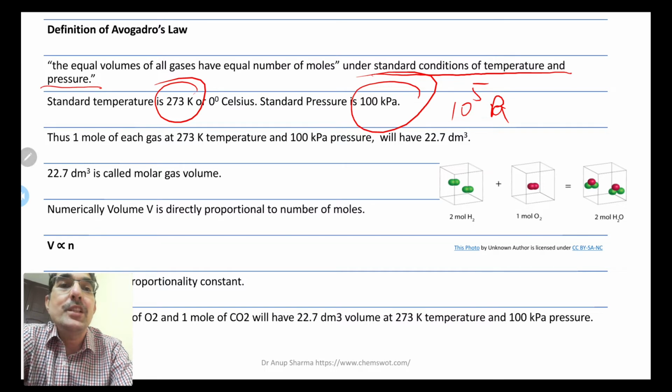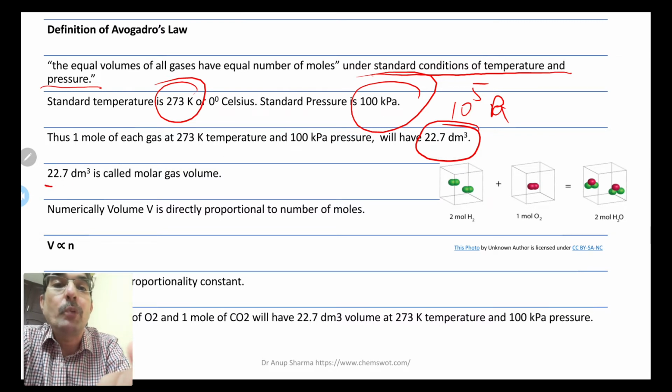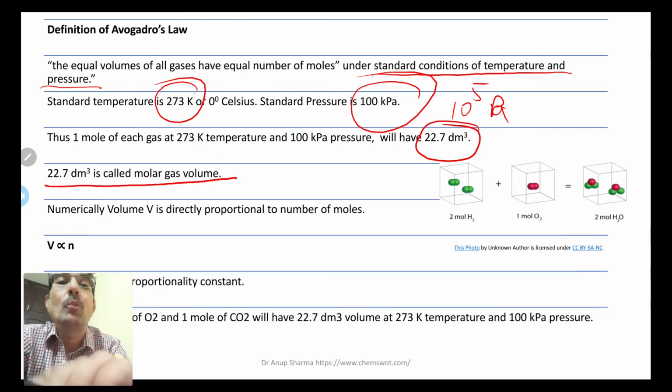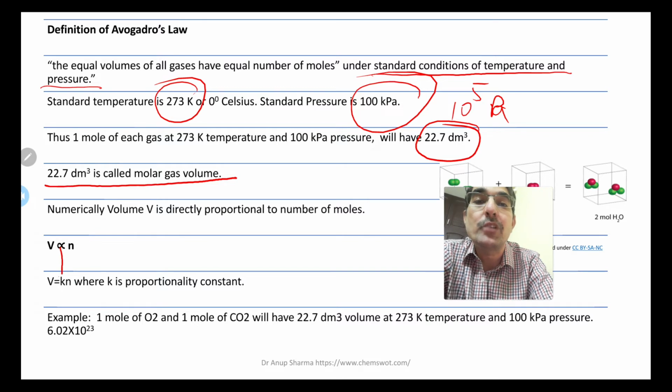Thus 1 mole of each gas at 273 Kelvin temperature and 100 kilopascal pressure will have 22.7 dm cube, and that is why it is called molar gas volume. So 22.7 dm cube is called molar gas volume. Numerically, volume is directly proportional to number of moles. So V is directly proportional to n, and V equals k n, where this proportionality constant is k.